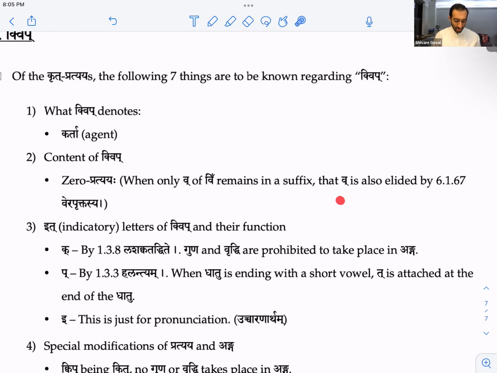But that vakara is also elided. It's removed by a later sutra. So there's nothing that remains. It comes, it leaves an impact, and it goes. You might ask, if it does nothing, then why does it do that? It's like, why do you brush your teeth and then spit everything out? Because it makes an impact. Kvip also makes an impact. What it does, it gives the kartari status to the word and then goes away.